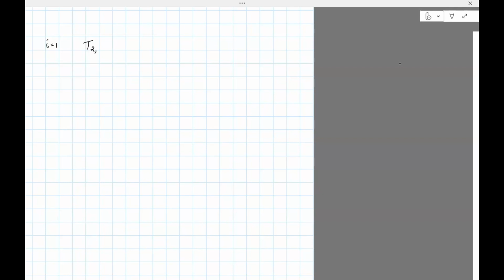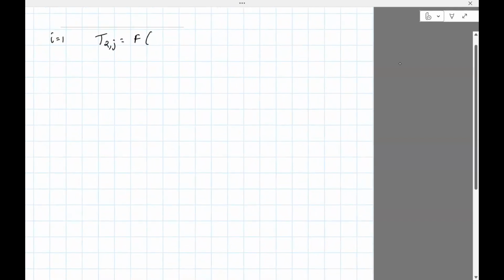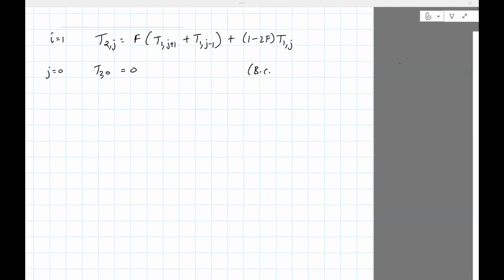So this will look like this: T2,j equals F times T1,j plus 1 plus T1,j minus 1 plus 1 minus 2F times T1,j. Then we start with j equals 0, T2,0. That's always 0, because the boundary condition is Ti,0 is 0. Then we go to j equals 1.